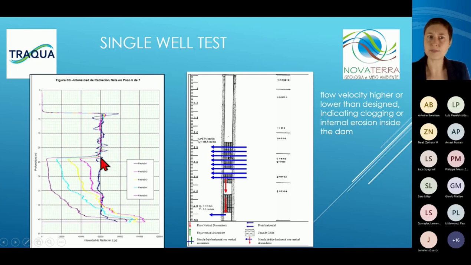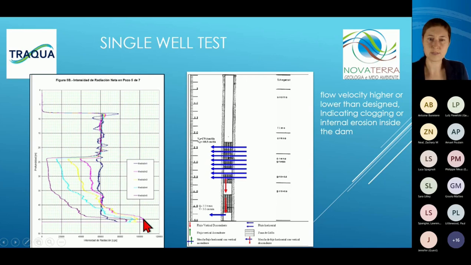In this part of the graph, the concentration is decreasing in time, and in the bottom of the well, the concentration increased.